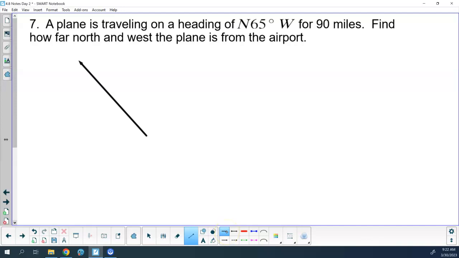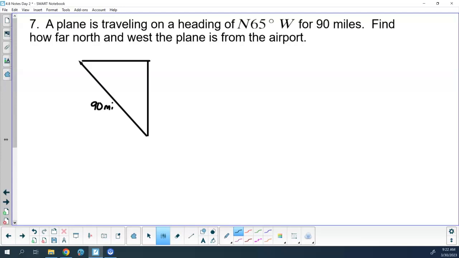You want to make lower triangle or upper triangle? Upper. Flew for 90 miles.